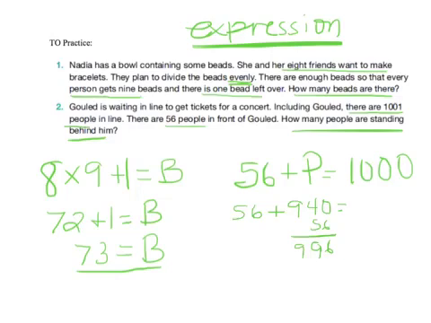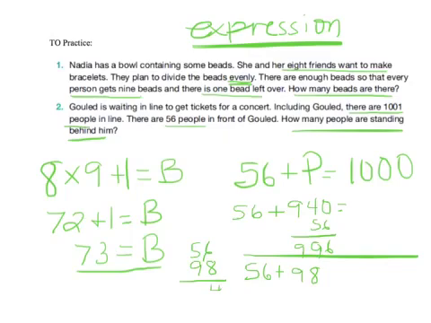So I'm going to make it 98. 56 plus 98. Well, let's try that now. 6 plus 8 is 14. Carry the 1. 9 plus 6. Oh, goodness. 996. My mistake.